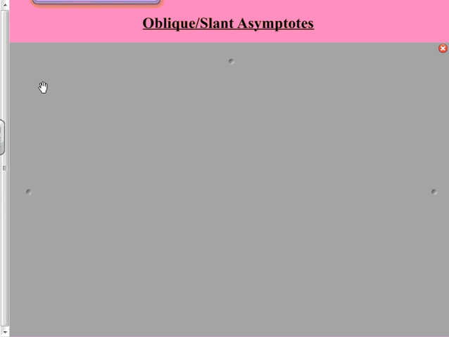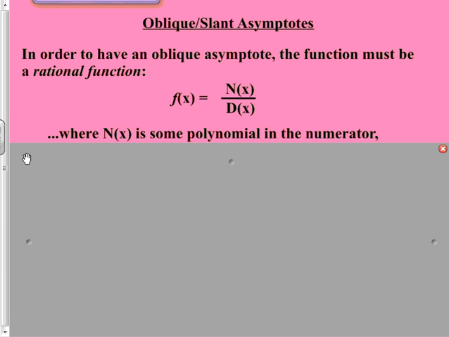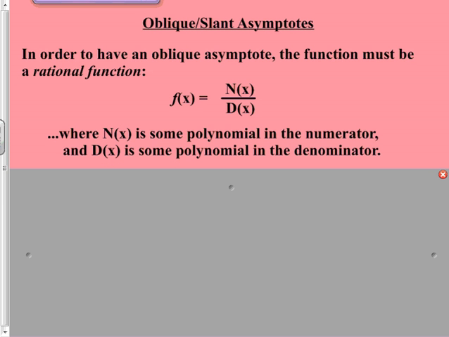And that brings us to the third and final type of asymptotes, which are oblique or slant, as they are sometimes called. The same conditions must apply. So again, you can refer back to those conditions that you put a star next to on your horizontal asymptotes. You have to have a rational function, and your numerator is some type of polynomial, and your denominator is some type of polynomial.